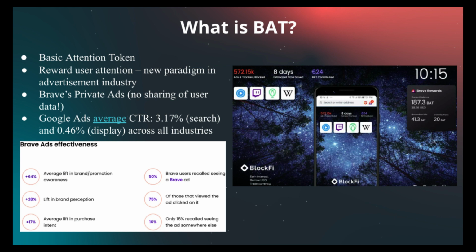And in terms of advertising, I included some Google Ads benchmarks, which I got from a source on the internet, which stated their average click-through rate, meaning from all the ads that were seen, how many people actually clicked on them.